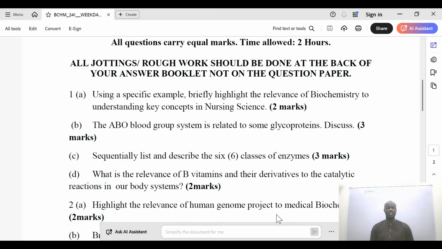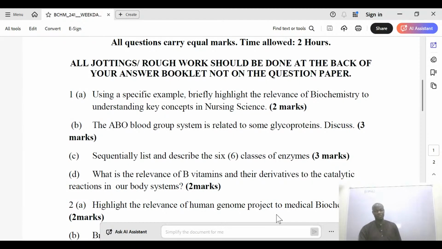The question one says, using a specific example, briefly highlight the relevance of biochemistry to understanding key concepts in nursing science.